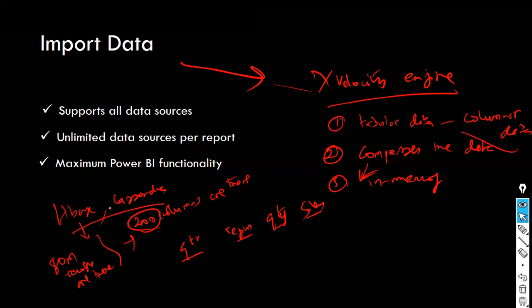Though you have 200 columns in a specific table, all you need is the data from only these 4 columns. In the case of row-based data, let's say you have column 1 up to 200. All you need is only these 4 columns. Behind the scenes, it goes and checks whether the first column is QTR. No, and then it skips until it finds these columns in your existing data set.